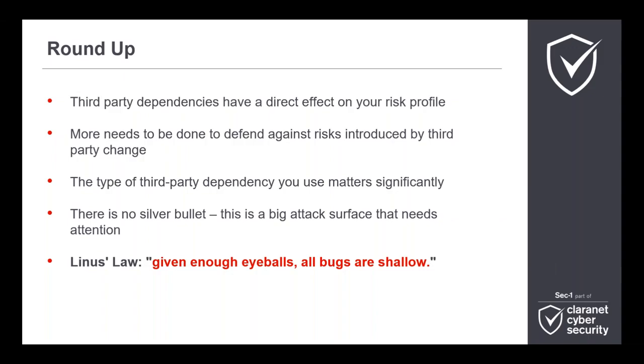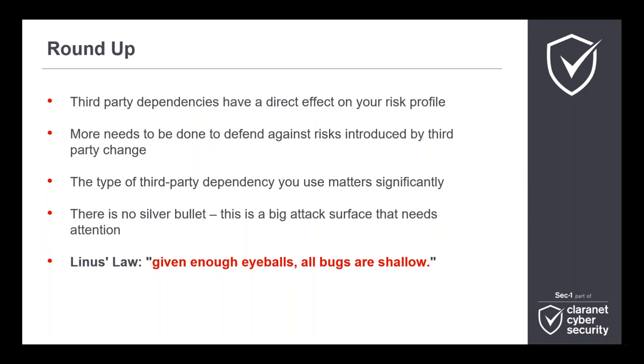So to round up, third-party dependencies have a direct effect on our risk profile. We are aware now that third-party dependencies are not just simple plug it in and it will work. It's not just a wheel that you Google and then attach to your car. You want to make sure you know what is running and whether or not you can trust it.